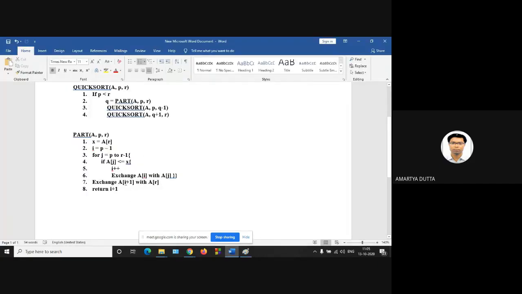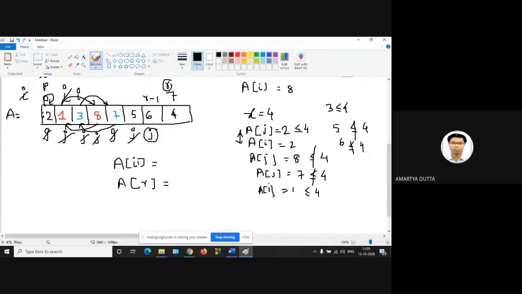Sorry, this is exchange AI plus 1. So what will be the value of AI plus 1? 8. So 8 is the AI plus 1, and this is AR. What is AR? AR value is 4.